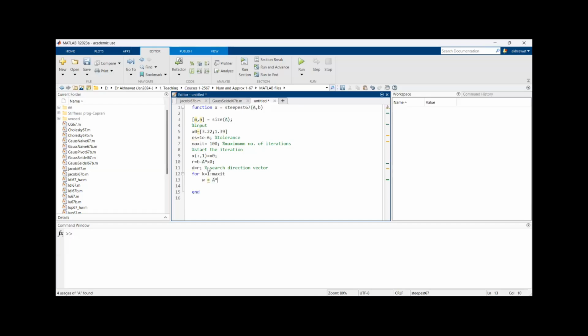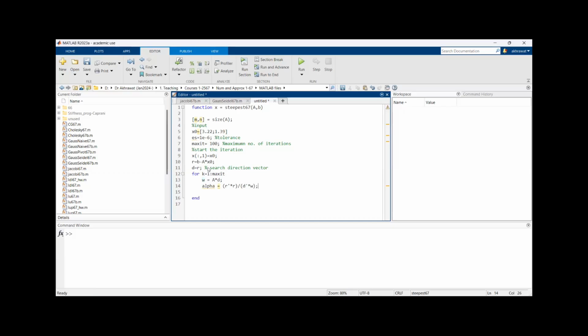A multiply R, in this case AD. This is a temporary vector W. Get alpha: R transpose R, so this is the scalar, divided by R transpose W. W is AR. This is actually R transpose AR.